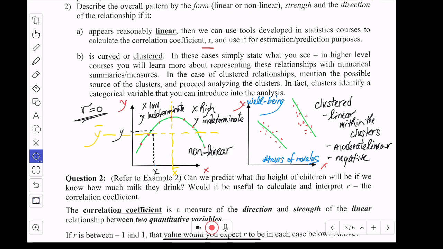If you did some investigation, it could turn out that these were women and these were men. It could be. I just made this up. And back to the original statements I made at the beginning of the class, we can't say that watching soap operas makes you depressed. That's not what this says.